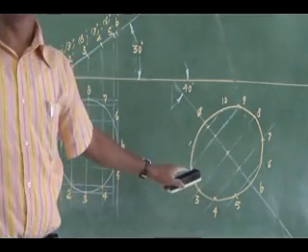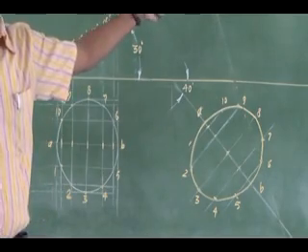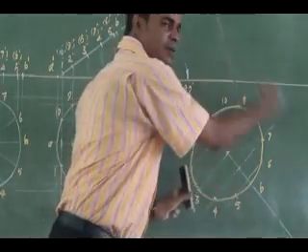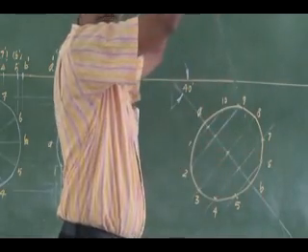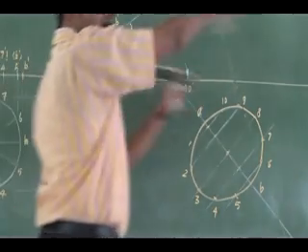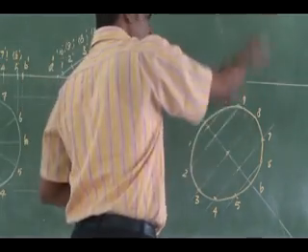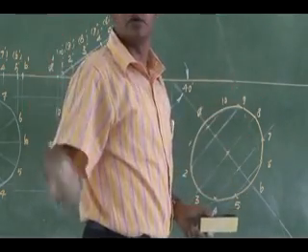Top view, right? Then to get the final front view, what you have to do? From all the points in the top view, you draw and extend vertical projectors. Then from the previous front view, you draw horizontal projectors. Wherever they meet, connect it. That is going to be my final front view.